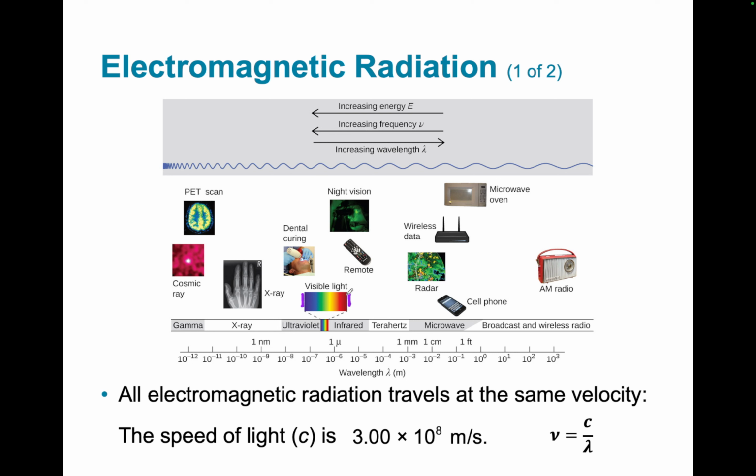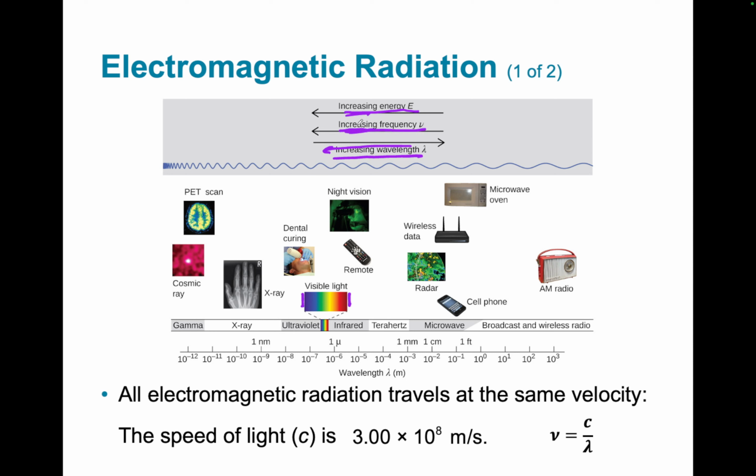But you can see from up here, as your wavelength increases, your energy decreases. It's only when your wavelength is decreasing, if you go this way, that your energy is increasing, or your frequency is increasing, right?